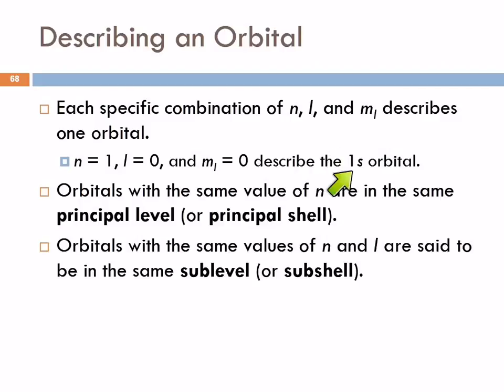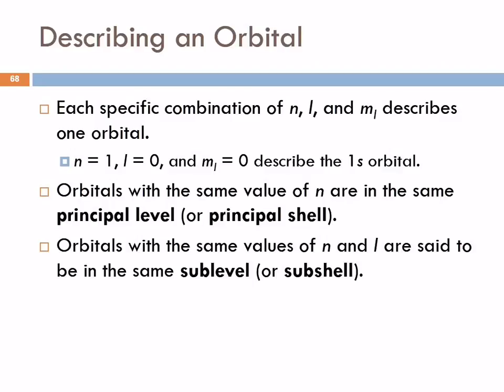The principal energy level is the first energy level, n equals 1. L is 0, which specifies an s orbital, and m sub L can only be 0. There's only one value, so there's only one s orbital, unlike the d's where there are 5.